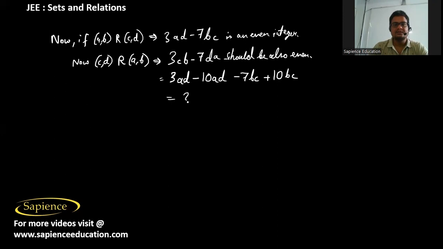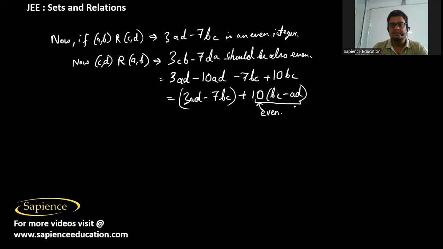So therefore I can write this will be 3ad minus 7bc plus 10 into (bc minus ad). So bc minus ad will be some integer only, and into 10 is an even integer. So it means 10 into (bc minus ad) will also be an even integer only.